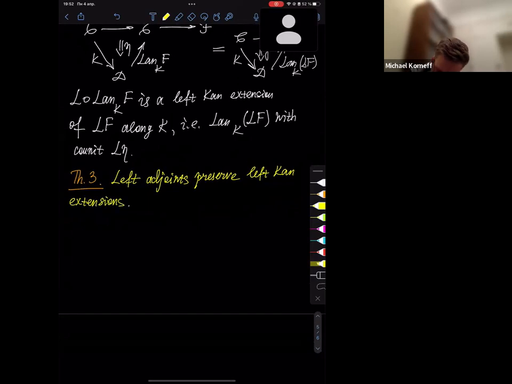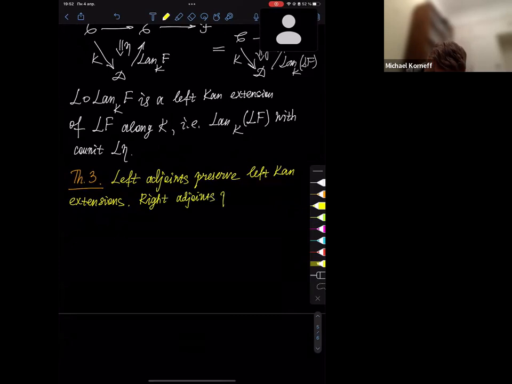And dually, right adjoints preserve right Kan extensions.